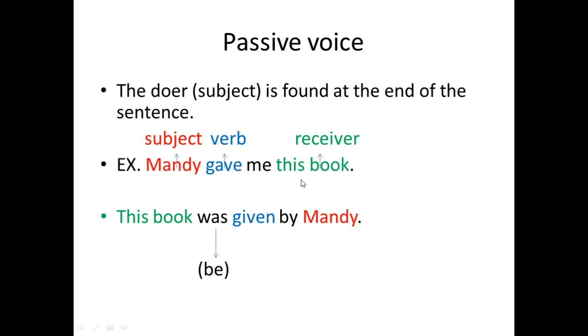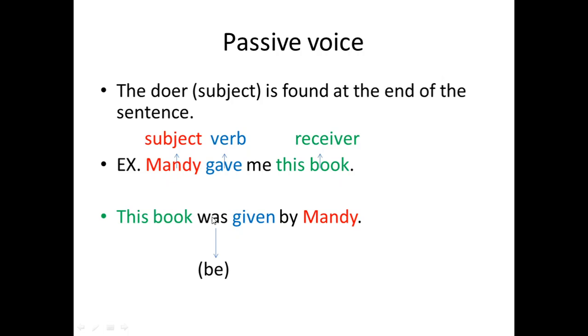The first thing, very good, you will bring the receiver to the beginning of the sentence, and then remember, be: was, were, is. Is book singular or plural? It is, of course, singular. This book, it is one book. So we have to choose a singular verb, which is was.